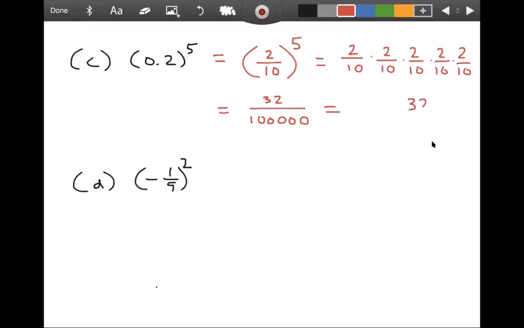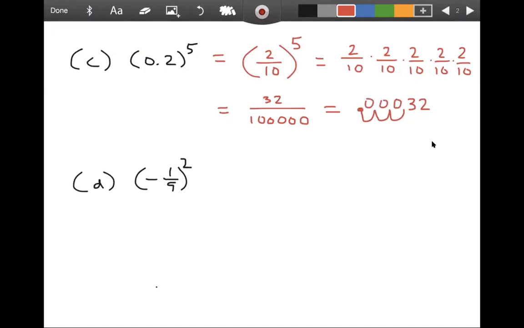All right, if the decimal point was here, that would be 32 over 100. So this would be over 1,000. This would be over 10,000. Let me try that again. Okay. Over 1,000, over 10,000, over 100,000. Okay, so as a decimal, this is 0.00032. And again, you could also do this with the calculator.